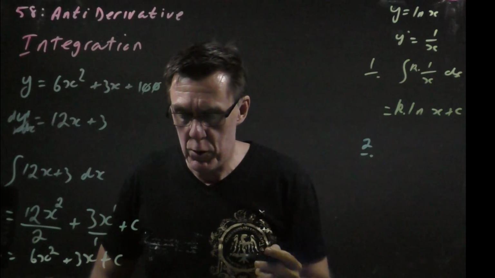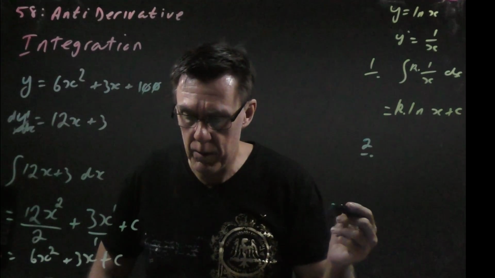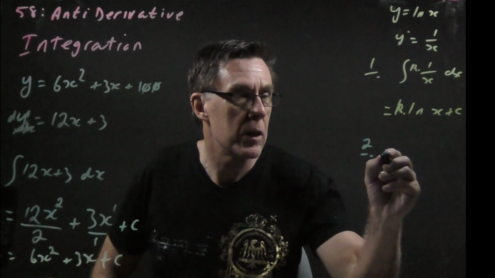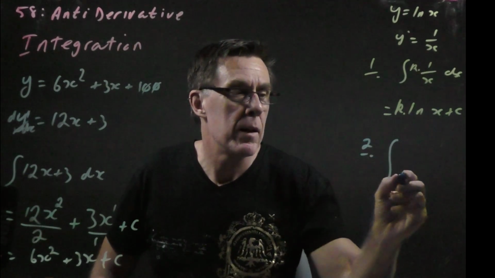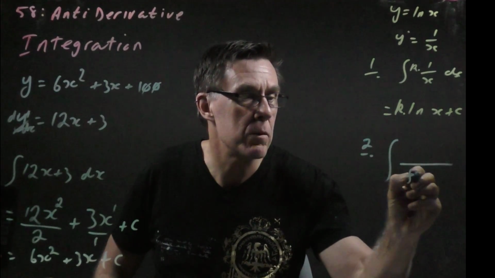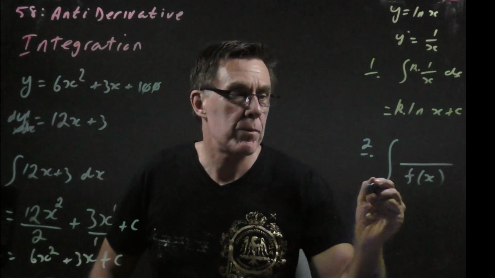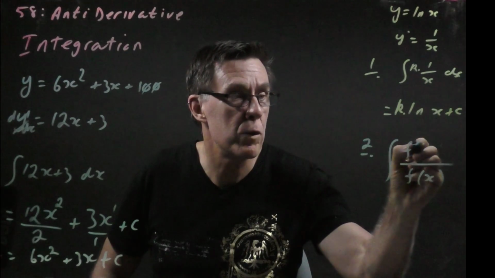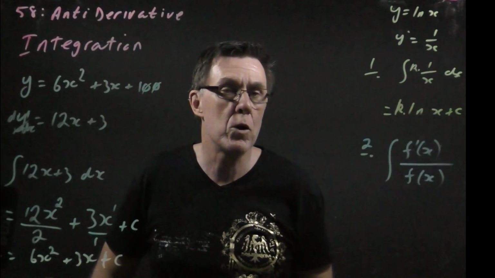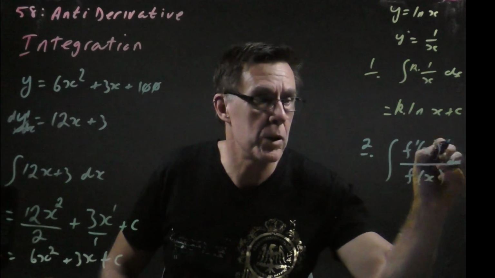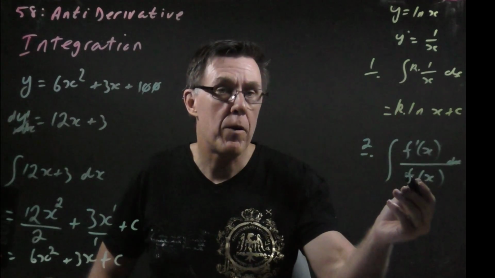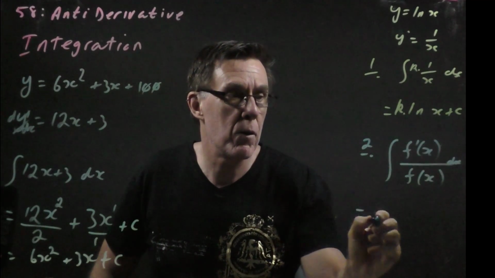Okay, example number 2. Now, if you've got this situation where you want to do the integral of some particular function on the bottom of a fraction, and you have the derivative of that function on the top, dx, if you want to integrate that, it follows the pattern like this.